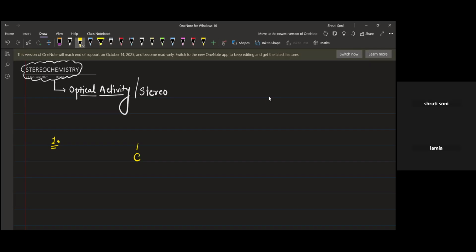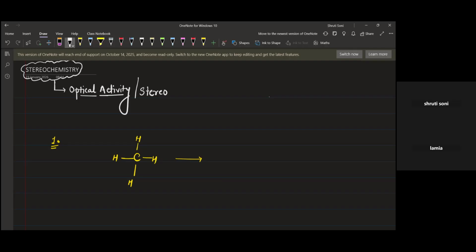If I represent the four carbon bonds like this, the image of a carbon is in 2D mode, yes or no? Yes, it is a 2D representation.